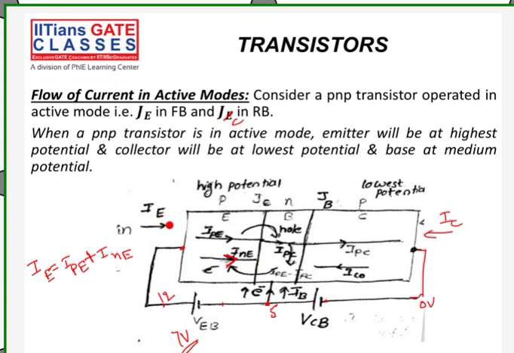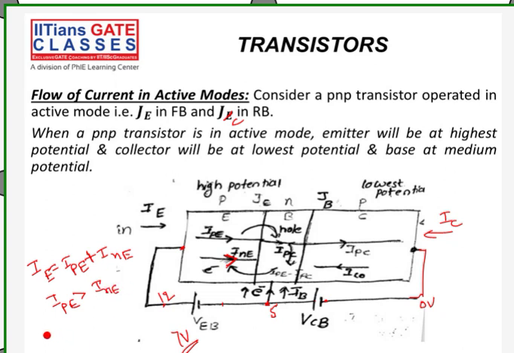So here we can see emitter is much heavily doped in comparison to base. Base is lightly doped. So the current IPE is very much greater than INE. Means I can write IPE is much greater than INE.